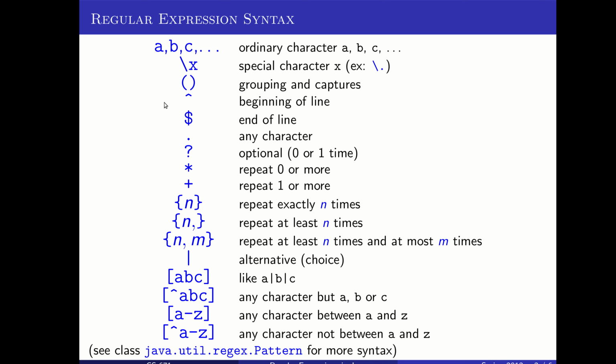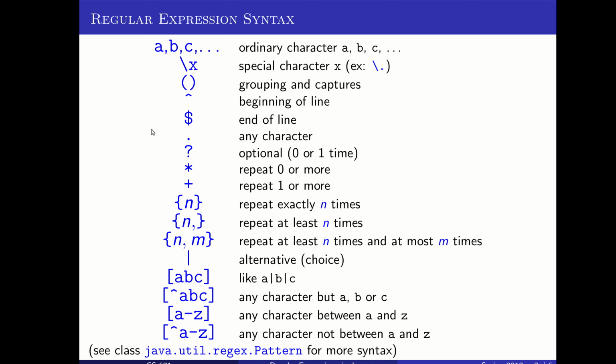You can indicate the beginning of a line or the end of a line. The dot character is used to say this could be any character, but it's only one if it's on its own. So for instance, if I was looking for something that has a capital A and then any other character to match things like as or an or at, then we could do that.